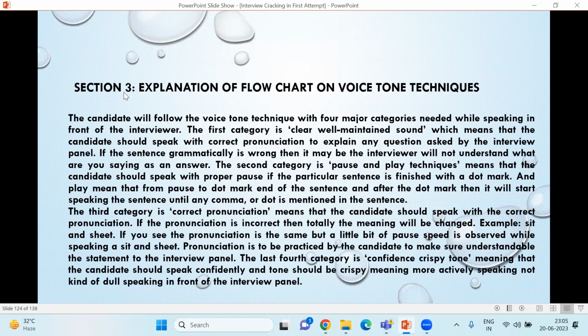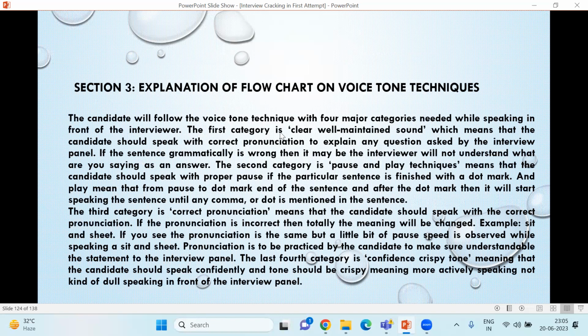Section 3, explanation of the flowchart on voice tone techniques. The candidate will follow the voice tone technique with 4 major categories while speaking in front of the interviewer.